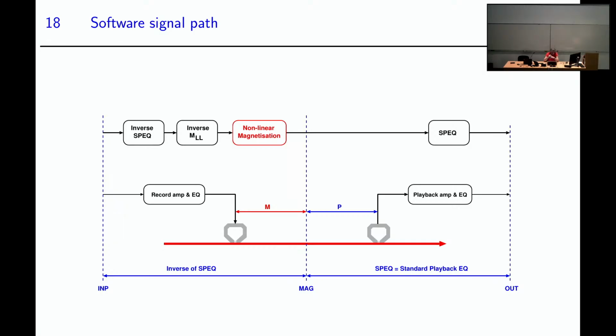So we compensate the frequency response of the decoding process for low-level signals. And for high-level signals, we get this compression. And then we need to combine that with the standard playback EQ and the inverse of the standard playback EQ when on the input side.